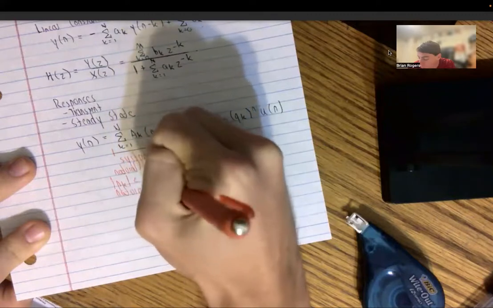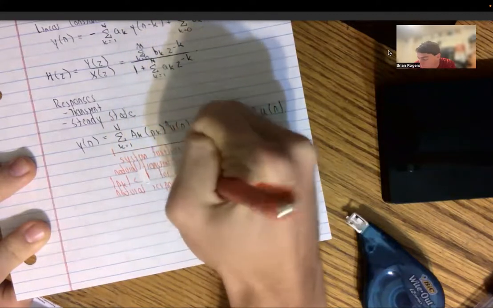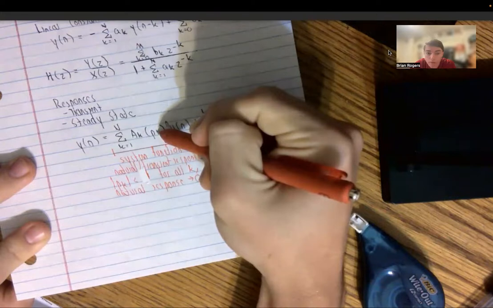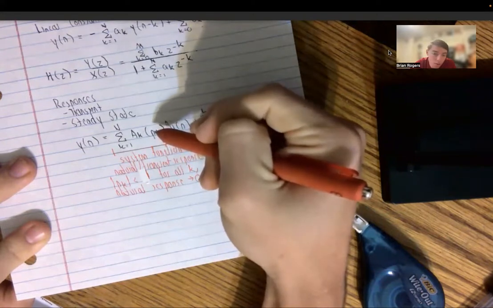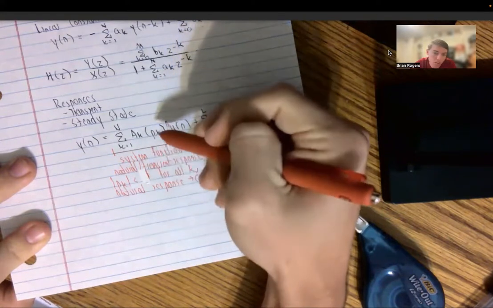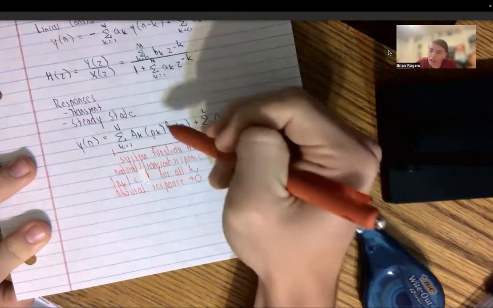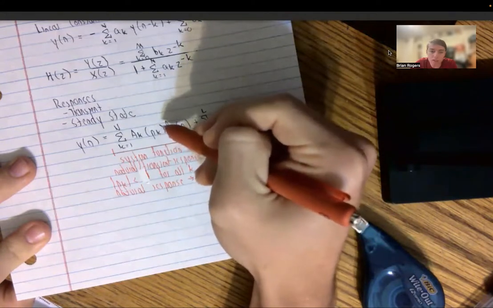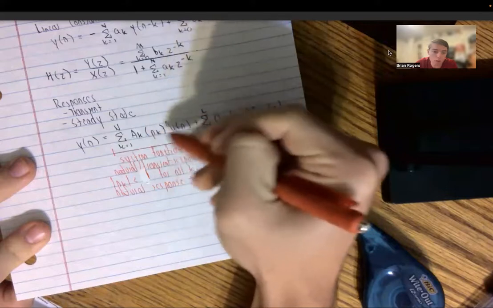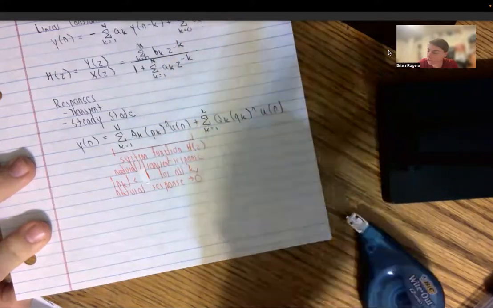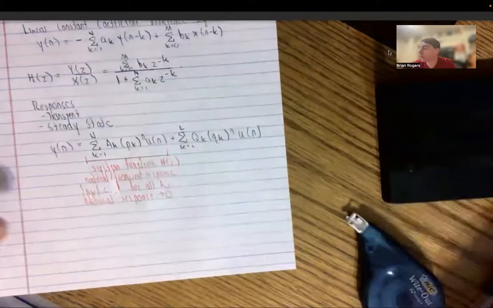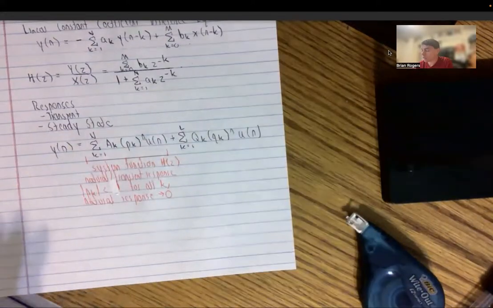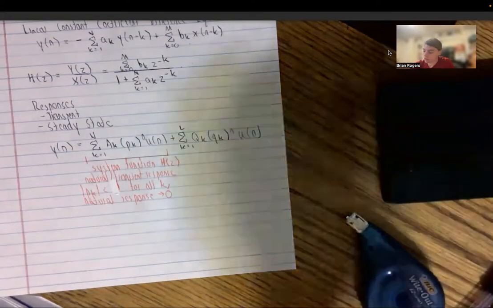And why does it go to 0? It's because if you have a number that is a fraction because it's less than 1, say it's like 3/8, as n keeps increasing, it keeps getting smaller and smaller, and this part of the equation will die out. Where the second part is going to cause the steady state response.